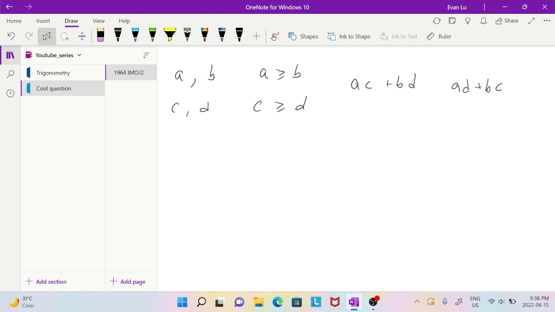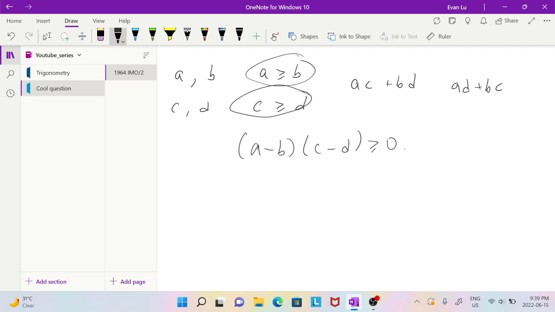Okay, so what I can actually do is I know that (A minus B) times (C minus D) is greater than or equal to 0, right? Because A minus B should be non-negative and C minus D should also be non-negative. Right, so if I expand this out, I can get AC minus AD minus BC plus BD greater than or equal to 0.